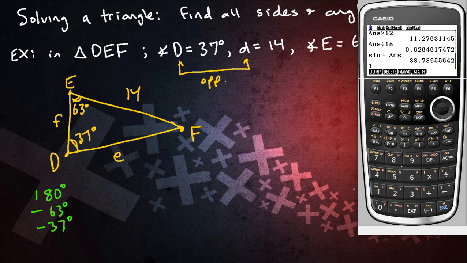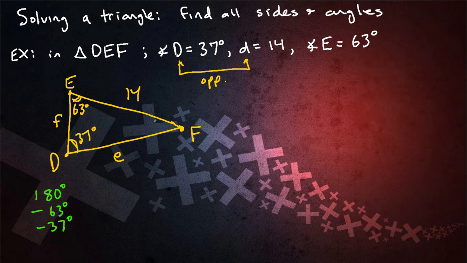So I have 180, subtract 63, subtract 37, and I'll get 80 degrees. Wow, my diagram was really bad, but that's okay. It doesn't have to be in proportion. So there's my angle. Now I need to use my angles and my sides to get the rest.